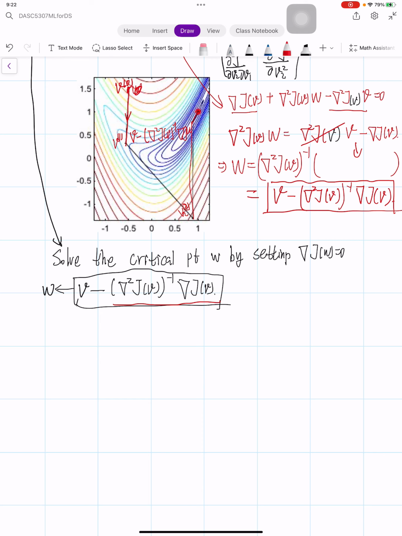There's a warning: it doesn't tell whether it converged to a maximum or minimum or saddle point.